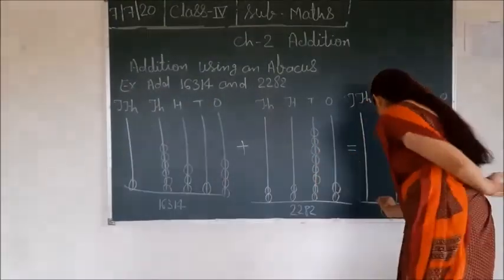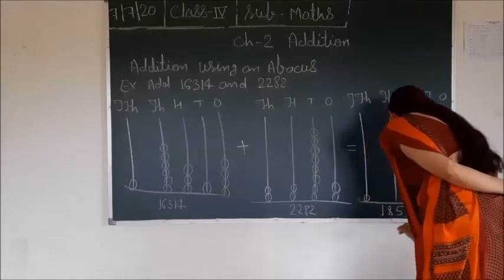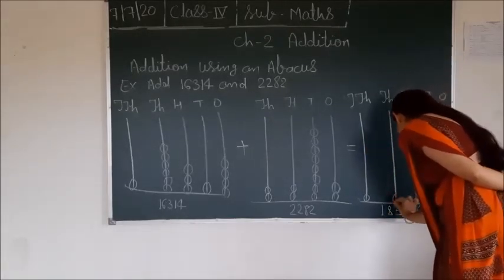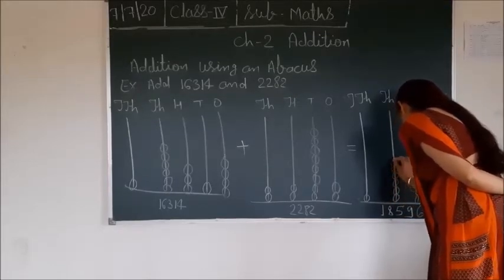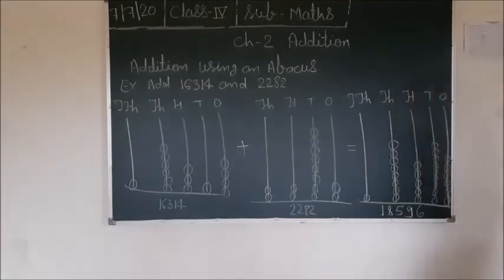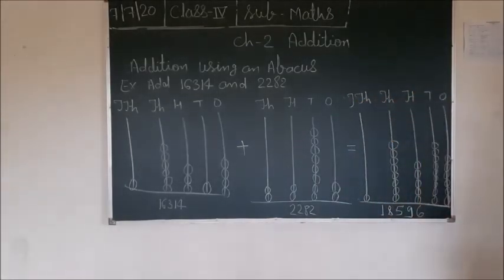Draw only 1 and draw 8 beads: 1 2 3 4 5 6 7 8. Clear? This is abacus. Understood? Next question.